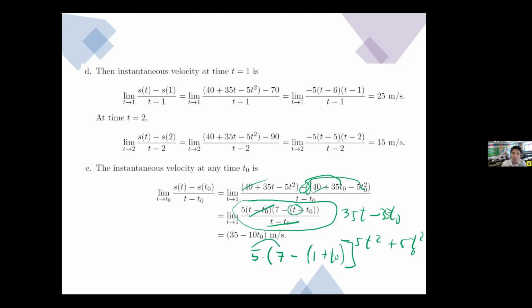So distributing this one, mahimo na siya 35 minus... 7 minus ang t na to may plus 1. One plus t sub 0, tama. 1 plus t sub 0.